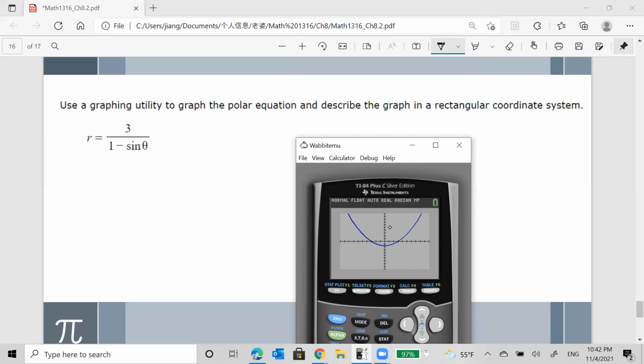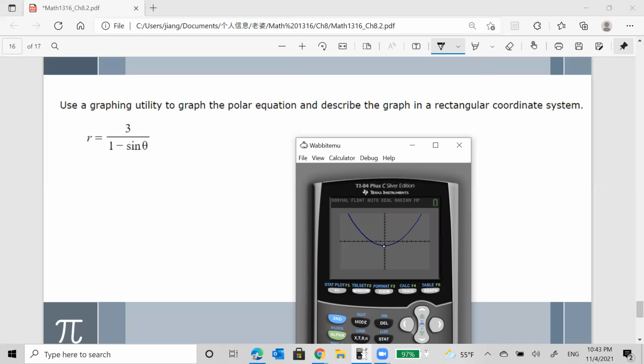And then keep on going. I mean the R is increasing. When theta is pi, the R is here, the distance from the origin to here.